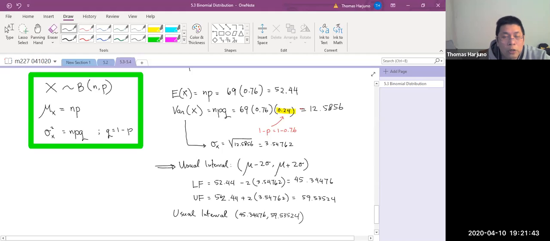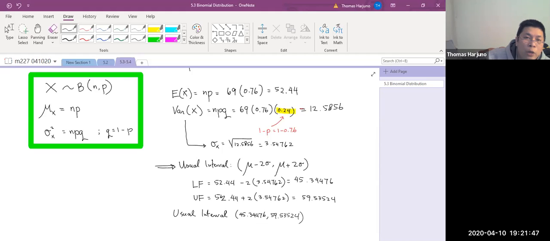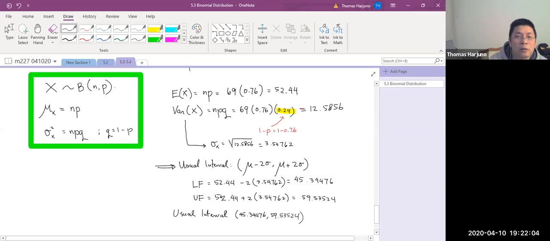So suppose you tell me there are 69 students in the class, and we know 76% of our population disagree with the president. Then how many of these 69 students should disagree? Then I say, well, it's more than 45 something, so approximately between 46 students up to 59 students.